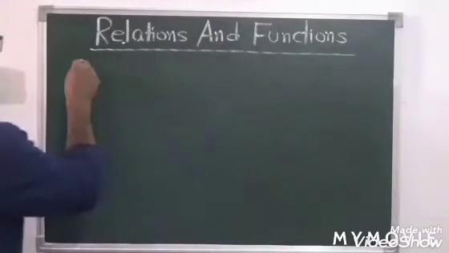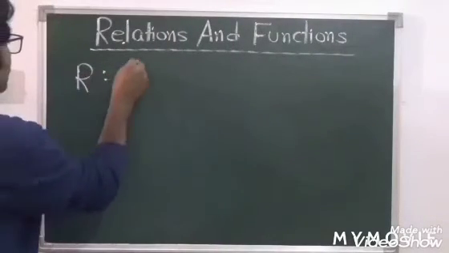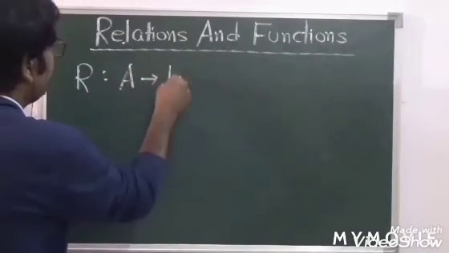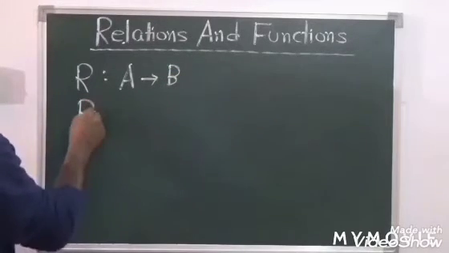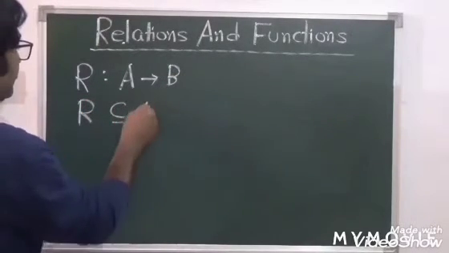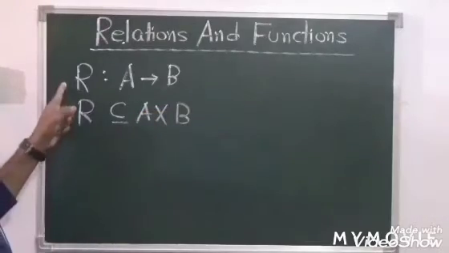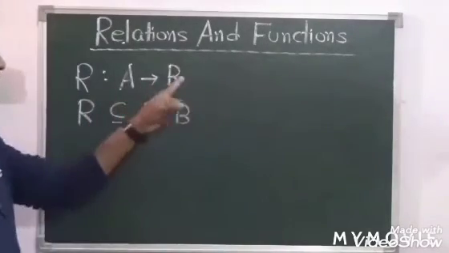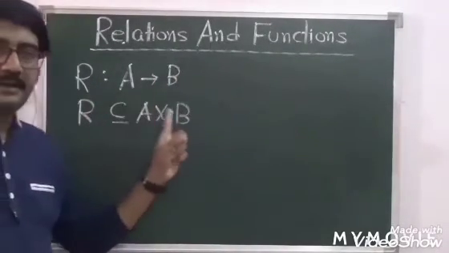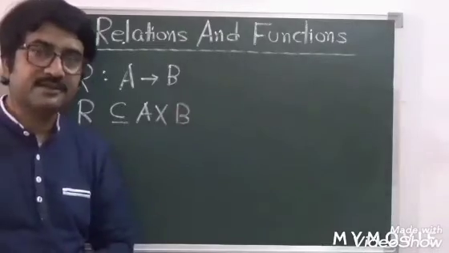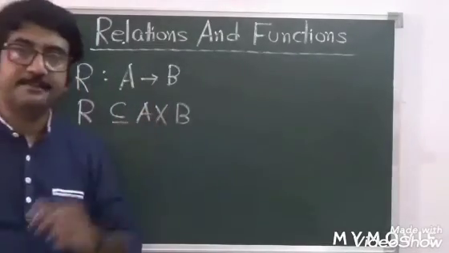So we write the relation R from A to B, where R is a subset of A cross B. R is the relation from set A to set B, and R is a subset of A cross B, that is the Cartesian product of the sets A and B.